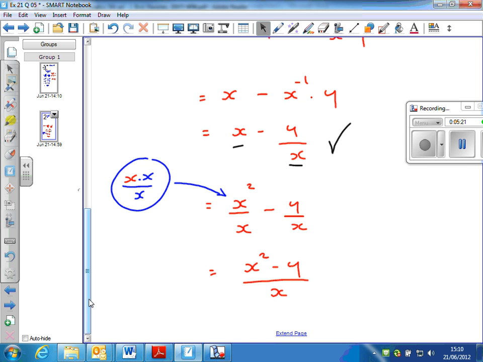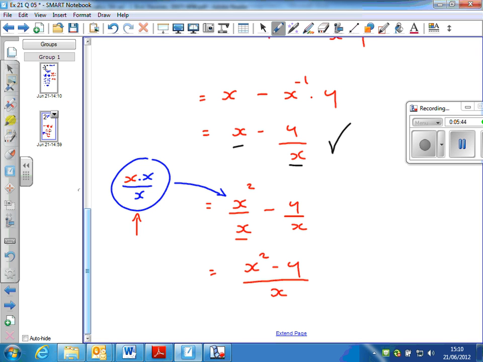So I take the x and multiply top and bottom by x. If I want x underneath, as long as I multiply by x on top as well, that's fine. x times x gives x squared over x, which is this term here.